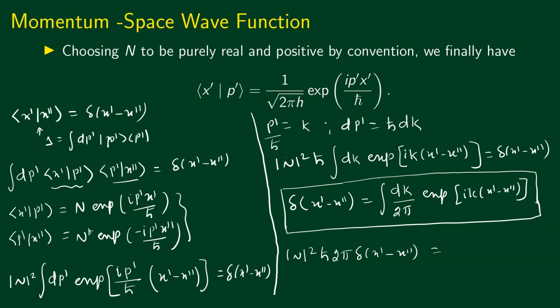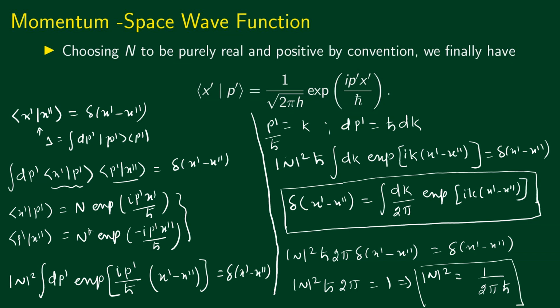So this is equal to delta x prime minus x double prime, which means that modulus N squared h bar 2 pi now has to be equal to 1. This means that modulus N squared is equal to 1 divided by 2 pi h bar. Or we can write N is equal to 1 divided by square root of 2 pi h bar.